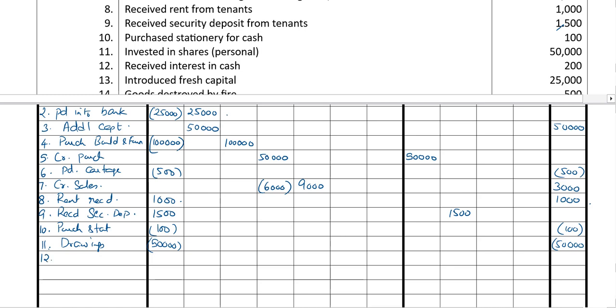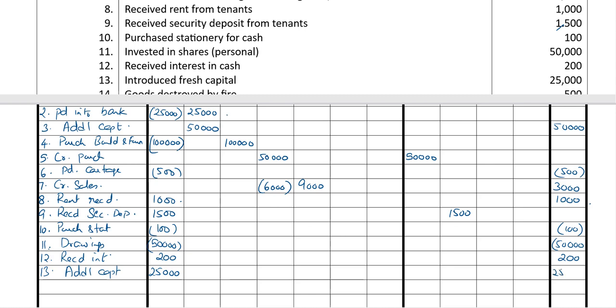The 12th transaction, received interest in cash. So received interest rupees 200, add 200 to cash and add 200 being an income to capital. 13th, introduced fresh capital. So additional capital 25,000 add to cash and 25,000 add to capital.